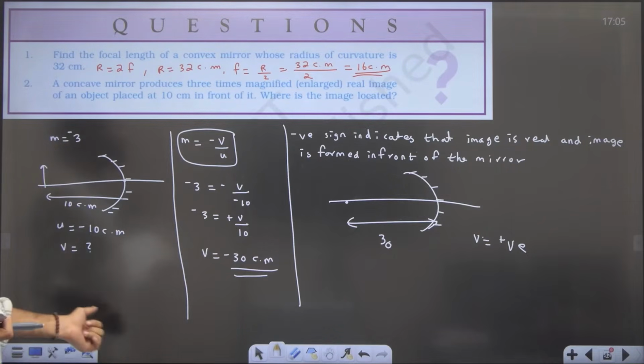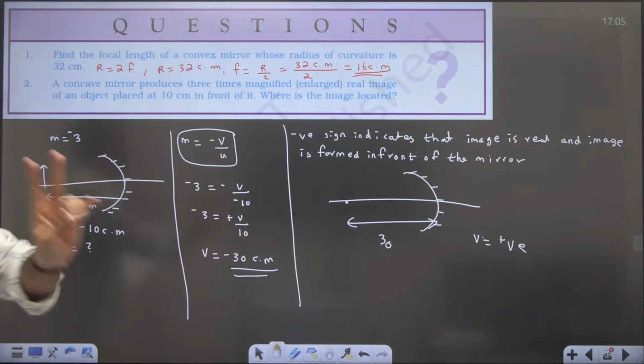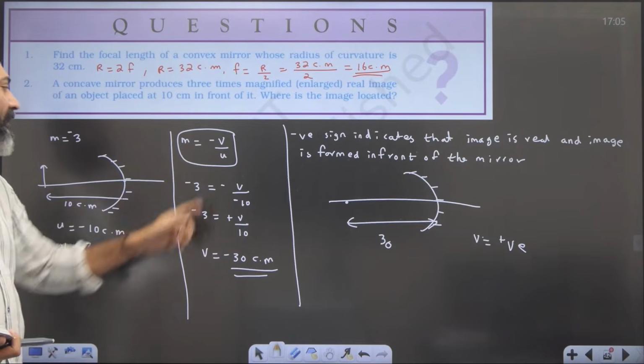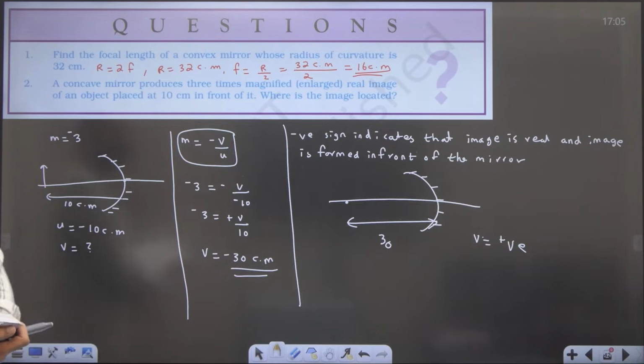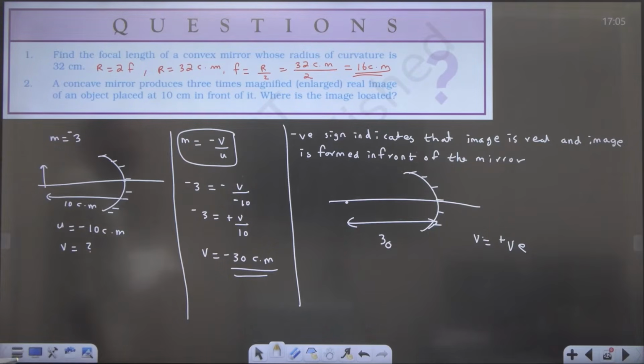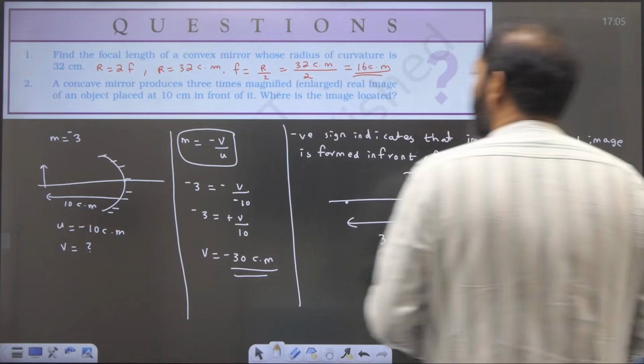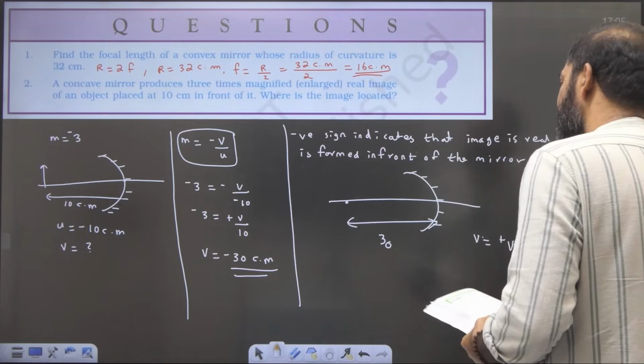Here we have to find the image distance, so just keep it as V. Then M equal to minus V by U, with U as -10. We got it as -30. Since it is -30, it is a real, inverted image, and the image is formed in front of the mirror. I hope it is clear. That is where the image is located.